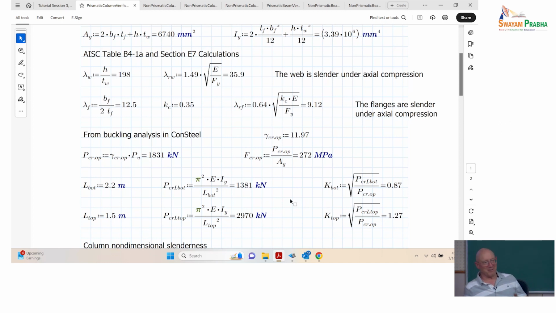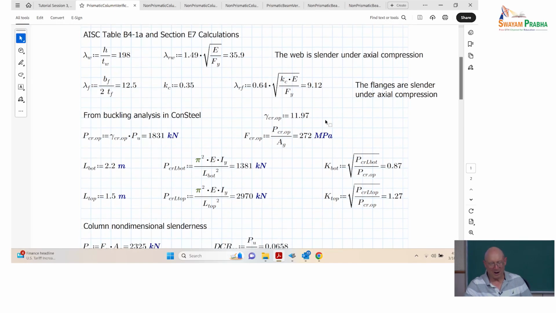But we're not quite there yet. We've got subscript cr on some things where it's talking about other stuff, and we use a subscript e on some things for elastic buckling. So lots of things to confuse you in terms of notation. But I'm going to call it gamma critical, and then .op here for out of plane. Okay, we had a flexural buckling out of plane.